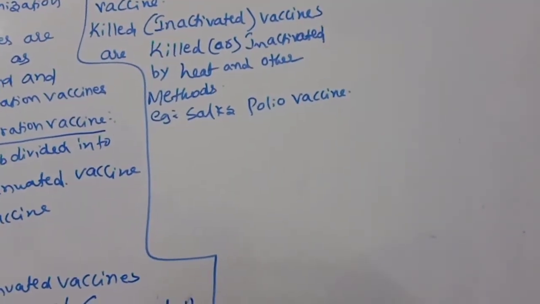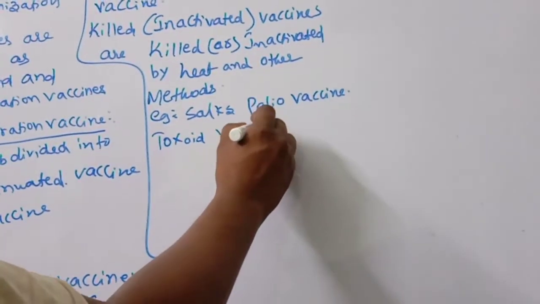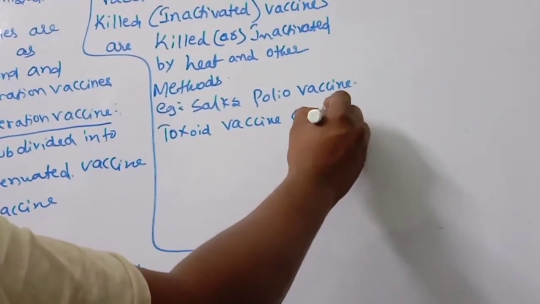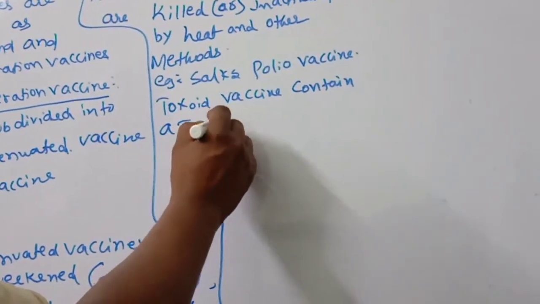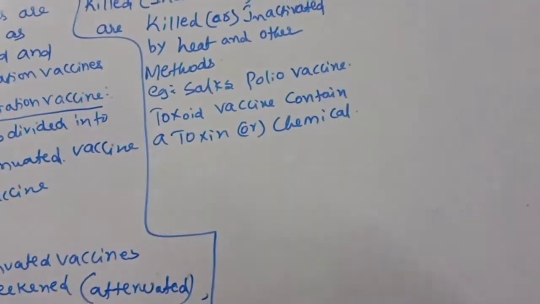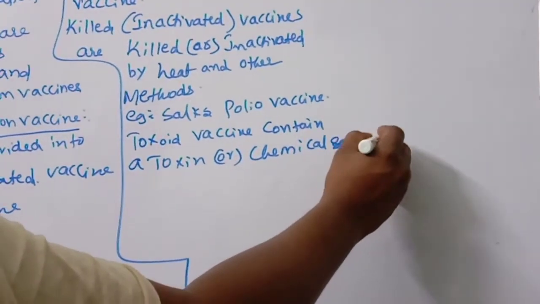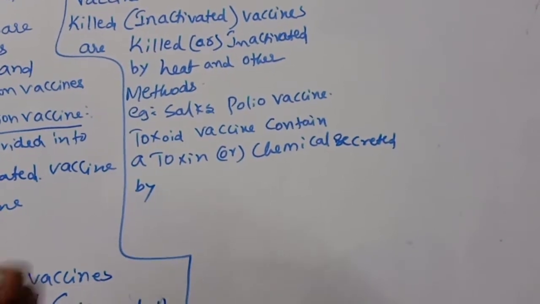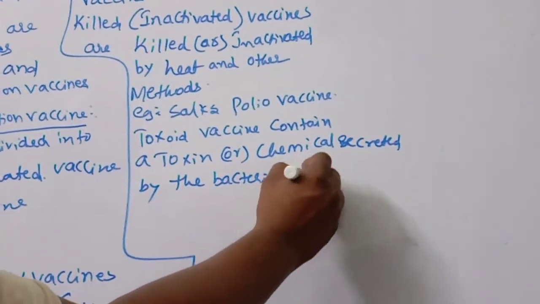Next, toxoid vaccine. Toxoid vaccines contain a toxin or chemical secreted by the bacteria or virus.